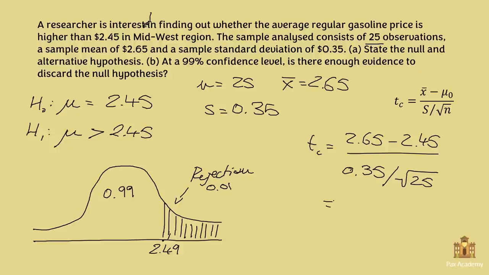And if you plug this in the calculator, it should give you approximately 2.86. Now, as you can see, 2.86 is indeed inside the rejection region. Which means that we reject H0. And in other words, the price is indeed higher than 2.45.